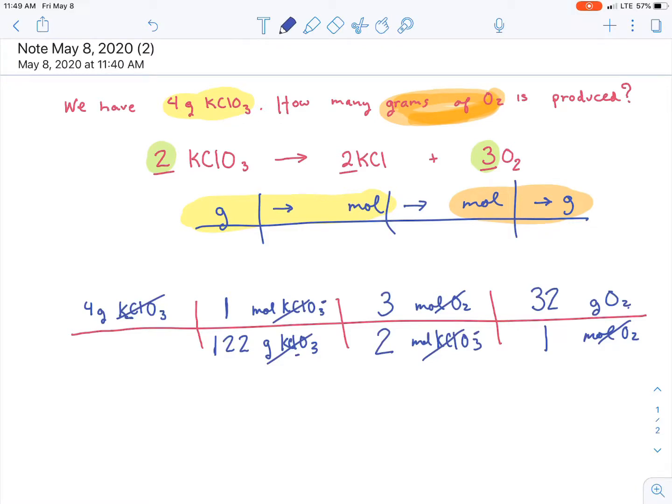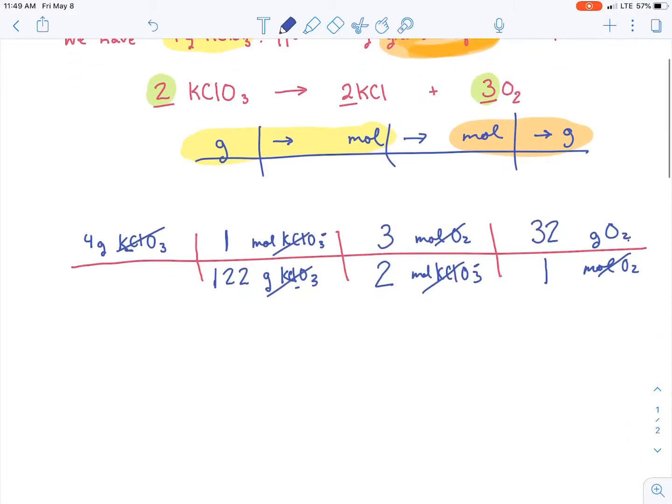All right, now here's how I punch this into the calculator. I don't like to use parentheses and weird things and have to rewrite stuff. So I'm just going to go 4. I'm going to put the 1 in just for now. 4 times 1 times 3 times 32. So everything on the top, multiply. And then you have to put a divide. Divide by 122.